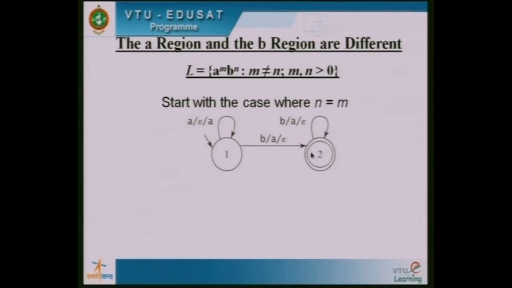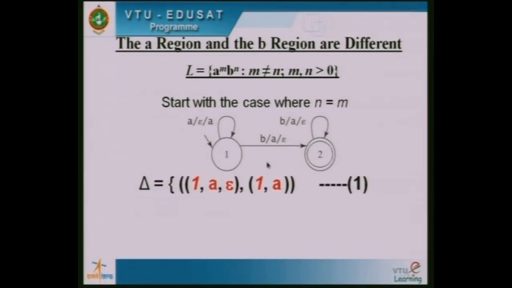If more than one pair of a's and b's are there, then being at the same final state in the self loop, given the input as b, topmost element as a, pop a from the stack consuming b, and stay in the same final state. So, this is for n equal to m.